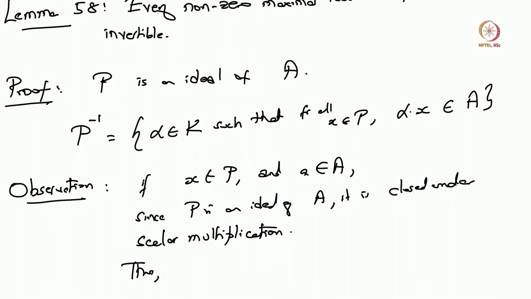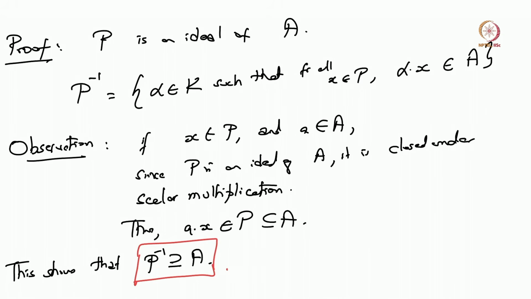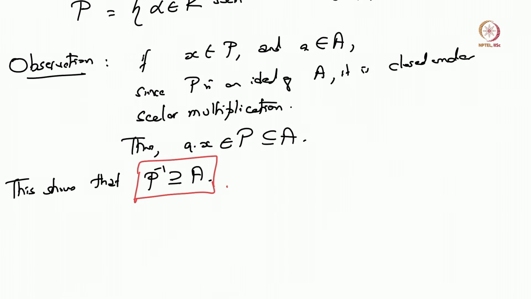Thus, a times x actually belongs to P as well, and that sits inside A. And so this shows that any element of A in fact belongs to P inverse, so P inverse contains A. So the main claim that'll be helpful, so we claim that P inverse strictly contains A.